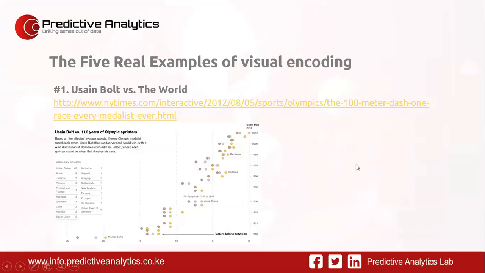I hope everyone has opened it. We just want to discuss it briefly and see how the various visual encoding variables that we've talked about have been used in that visual. It's a visual by the New York Times on Usain Bolt versus the world.